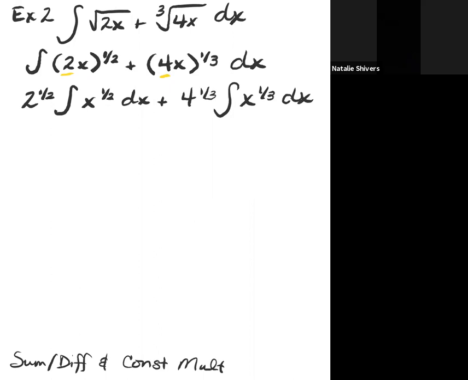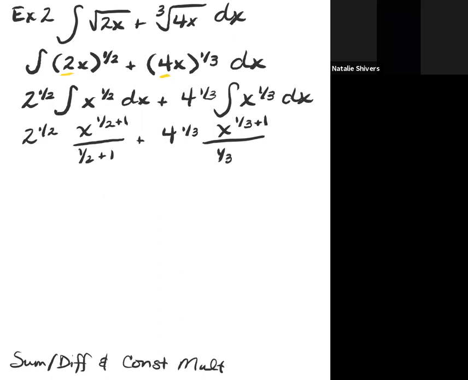Okay. So again, I'm going to take it slow. I'm going to take x to the 1/2 plus 1 over 1/2 plus 1 plus that 4 to the 1/3 x to the 1/3 plus 1 over 1/3 plus 1 plus c. All right, so we're going to work this out a little bit. It's going to take a little bit.